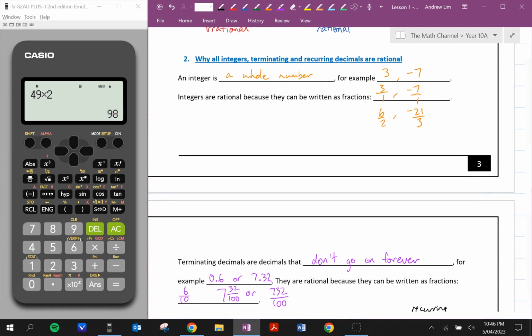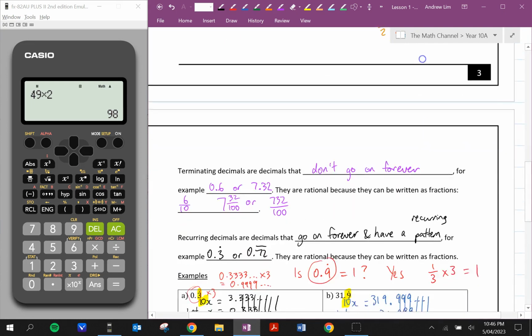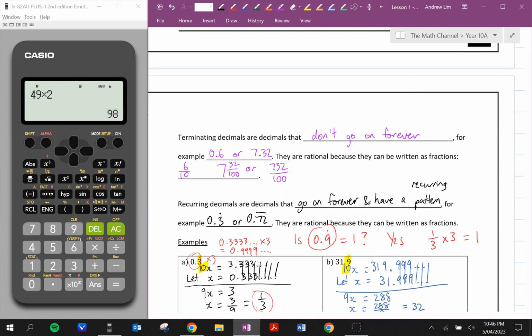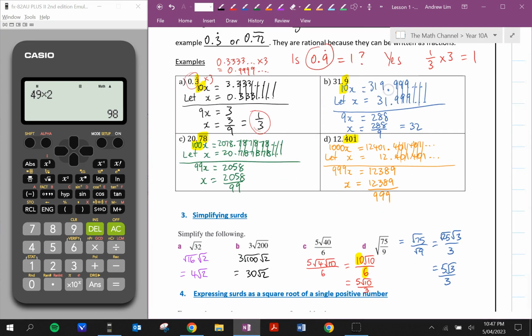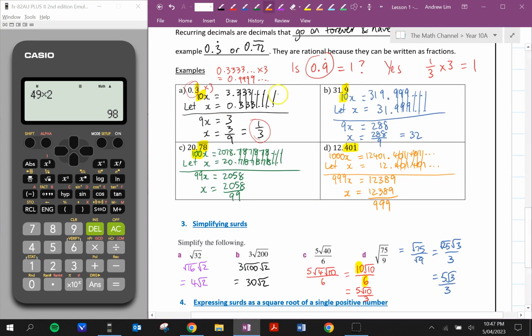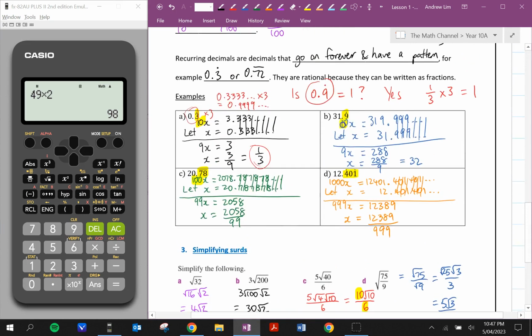We showed you why integers, terminating decimals, and recurring decimals are rational. We showed you how they can be written as fractions, right? And this is really important. Yeah, in an exam, you could definitely be asked this, show algebraically that this recurring decimal is rational.